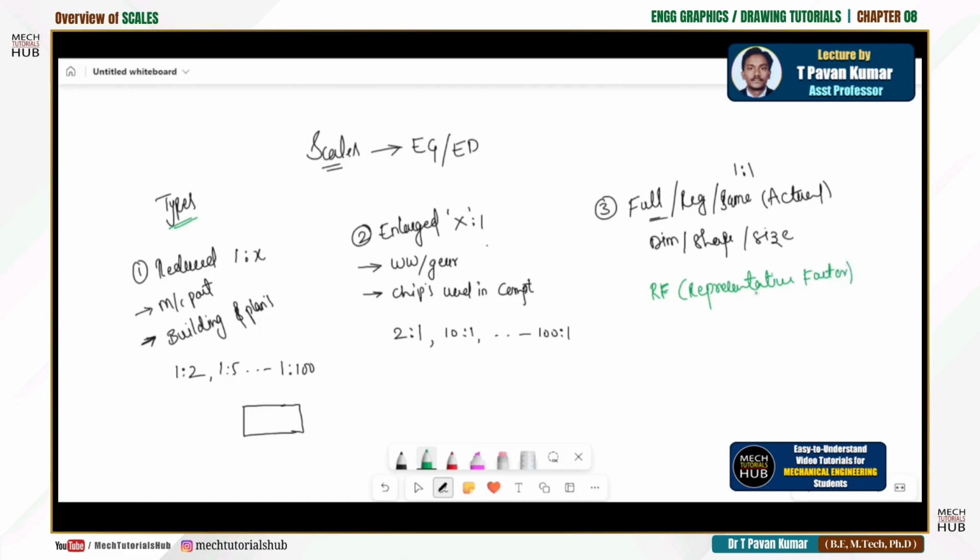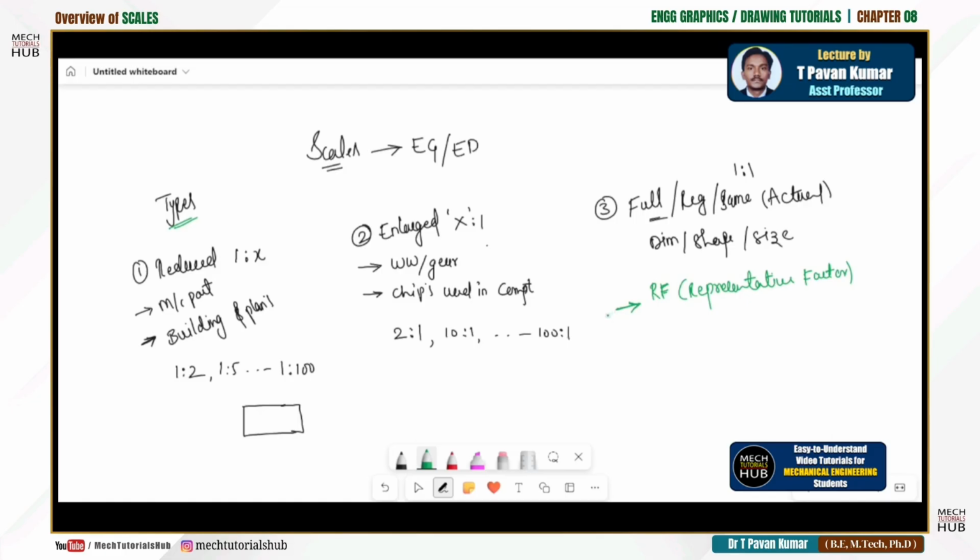To draw any scale, and there are different types of scales like plain scale, diagonal scale, vernier scale, RF is very important, and the RF value will be given to you in the question. There is a small confusion that RF is different from scale. It is not.